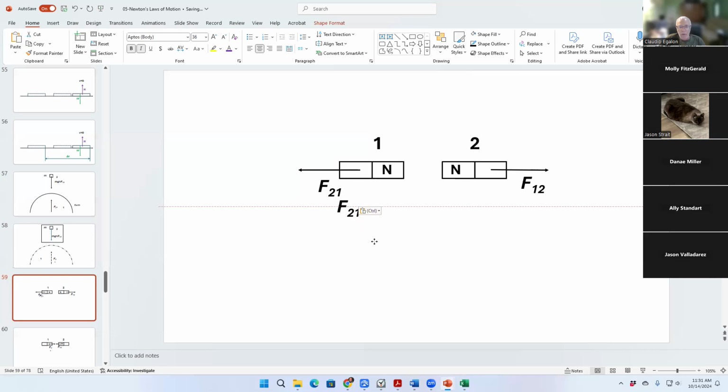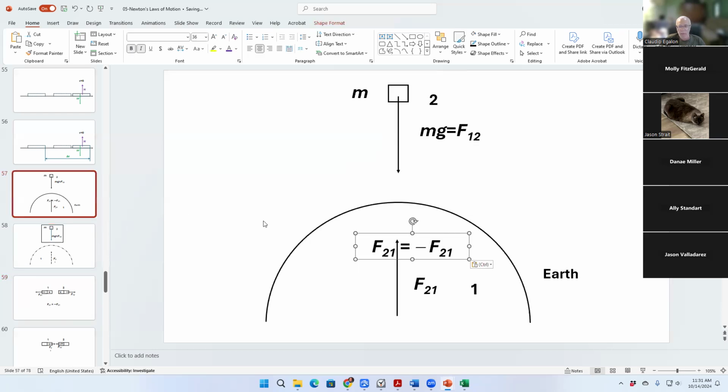Then I'm going to put the minus and the equal symbol right in here. And I should do the same for the previous ones.